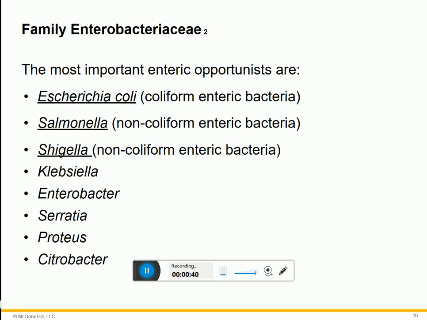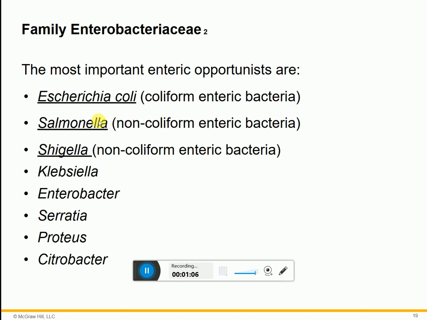These are the ones that are of clinical importance, and I highlighted the three that we'll be discussing. There is E. coli. It is a coliform enteric bacteria. Coliform means that it is part of the normal microbiome. Salmonella and Shigella are non-coliform enteric bacteria, meaning that they are not part of the normal microbiome.